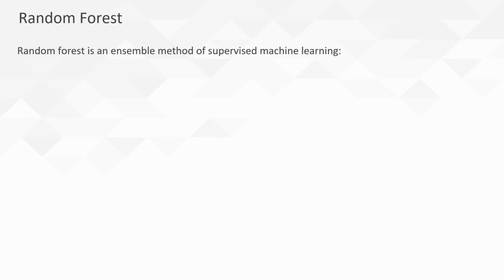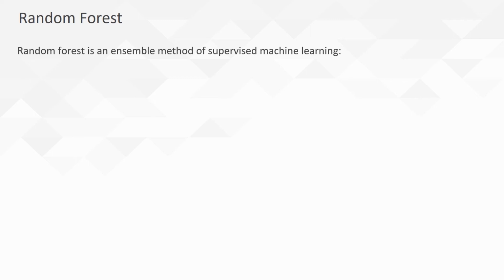The random forest algorithm reduces variance and overfitting by averaging multiple decision trees, which individually suffer from high variance. Random forest is an ensemble method of supervised machine learning. Ensemble methods combine predictions obtained from multiple base estimators or classifiers to improve the overall prediction robustness.